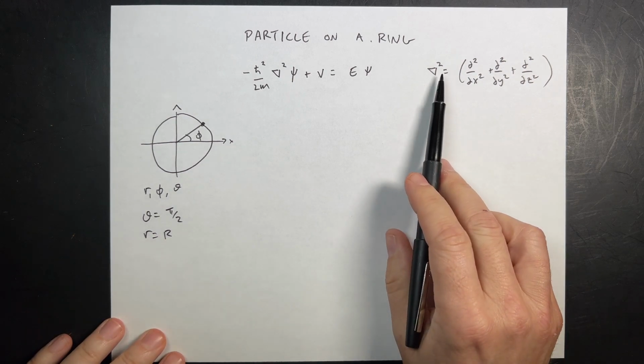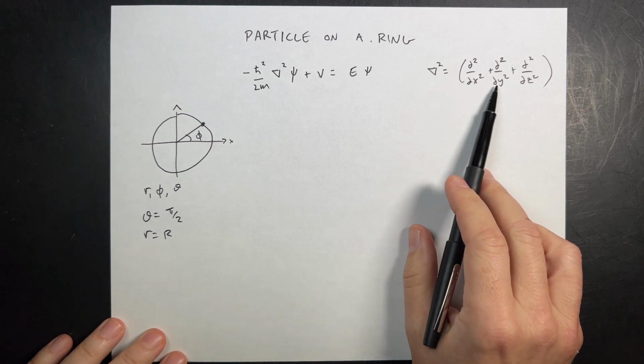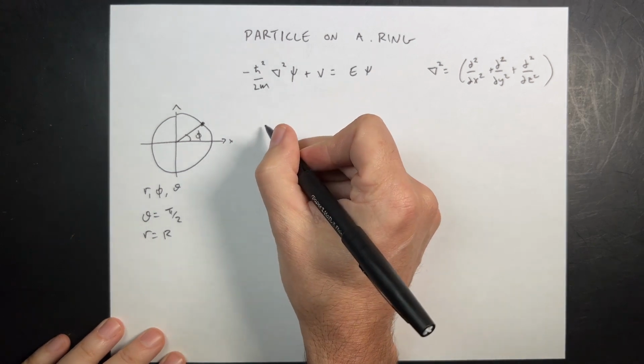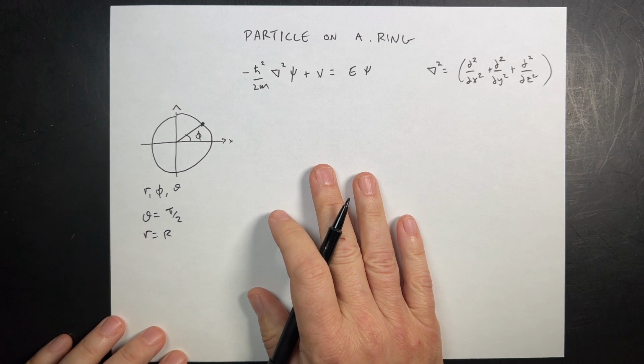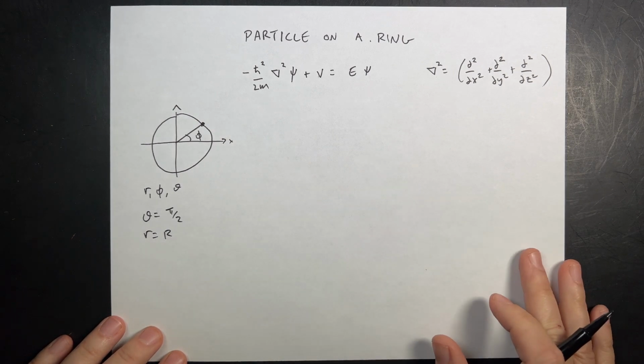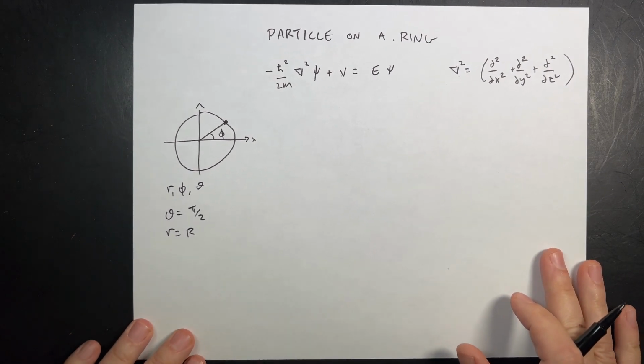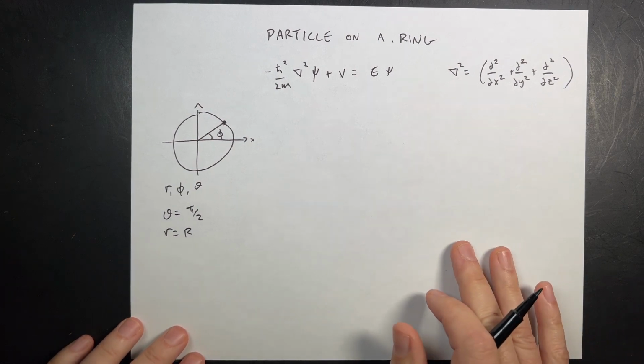But I do need the Laplacian in spherical coordinates. This is not an easy thing, but I'm going to write it down. So let's write down the Laplacian in spherical coordinates. My camera is really not behaving, and I'm not sure why. Okay, well, I hope you can see that.